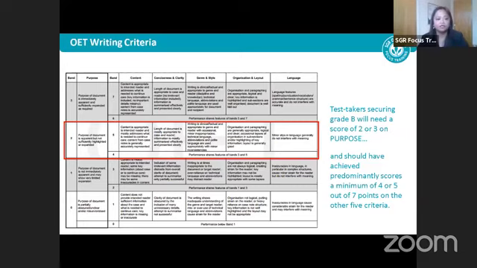So we normally get our students prepared for 3 points under purpose, and move them towards a consistent fives and six within the other criteria. And that's when you really see the improvement within a student.